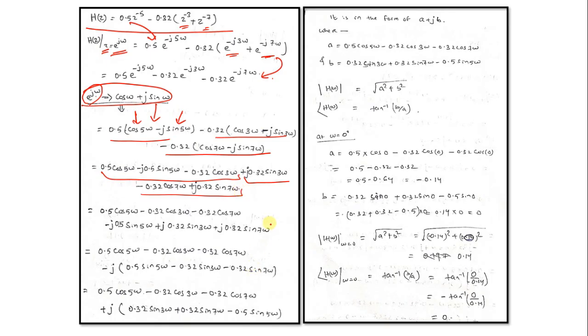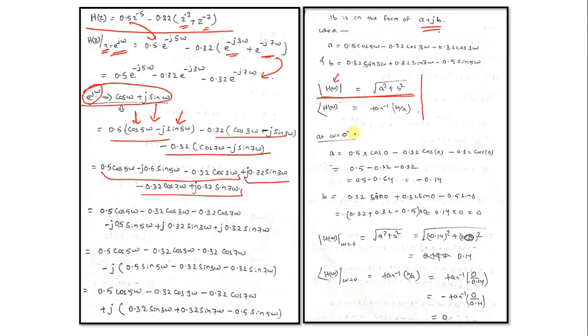Once you solve it, you will get it in the form a plus jb, and from there you have to find the modulus of H of omega, which is equal to the square root of a square plus b square, and the phase of H of omega is tan inverse of b by a. Now for the amplitude response, you change the values of omega, say 0 radians.